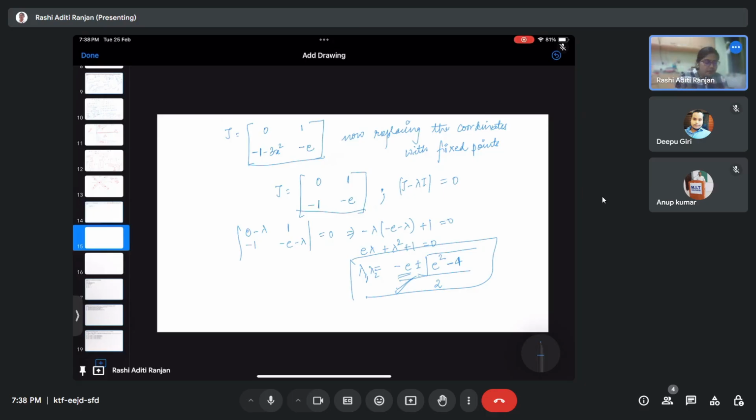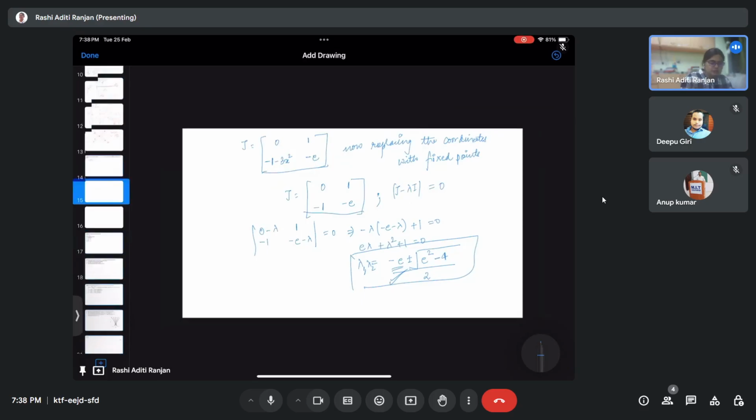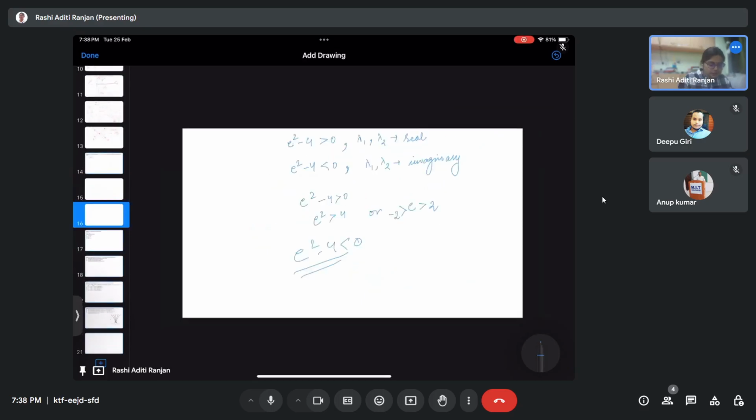Okay, I hope this is understandable. What I'm trying to say is that for this, if E is positive, spiral in; if E is negative, spiral out, right? I hope this is clear.